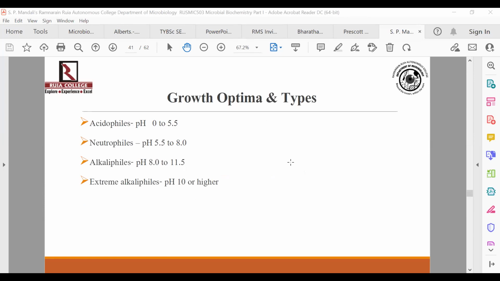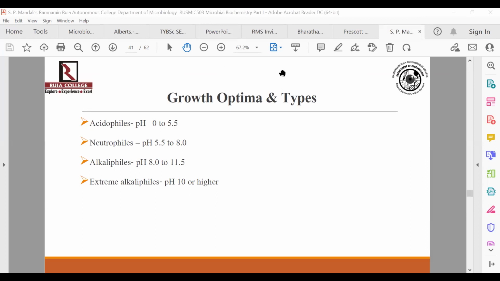So on the basis of this, you classify the microorganisms into 4 categories. You have acidophiles, neutrophiles, alkaliphiles, and extreme alkaliphiles. Acidophiles are able to grow in the range of 0 to 5.5. Neutrophiles are able to tolerate 5.5 to 8.